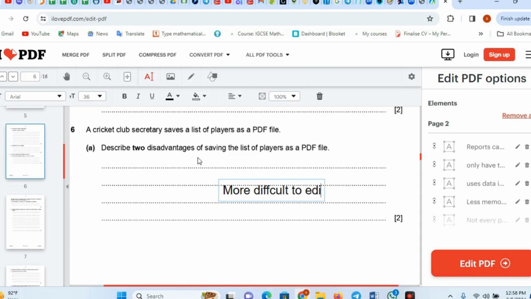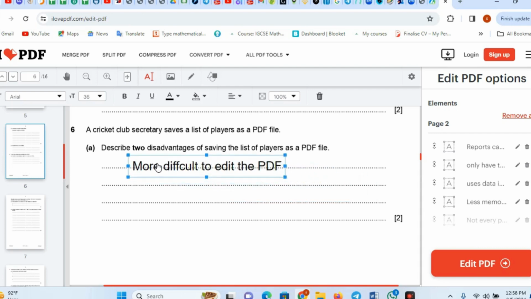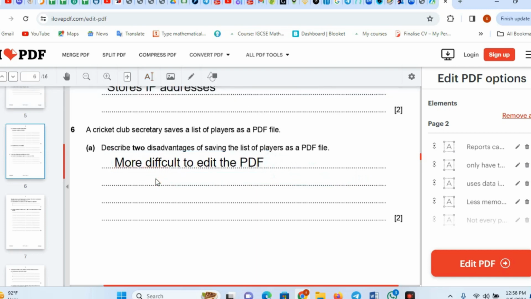But because I want to edit this and show you the answers, and I'm using a PDF file, it is difficult for me to edit the file. So that is the number 1 disadvantage of storing the players' names inside a PDF file.